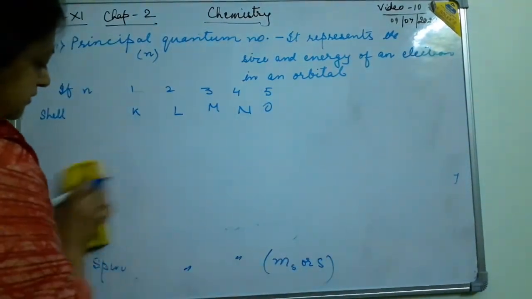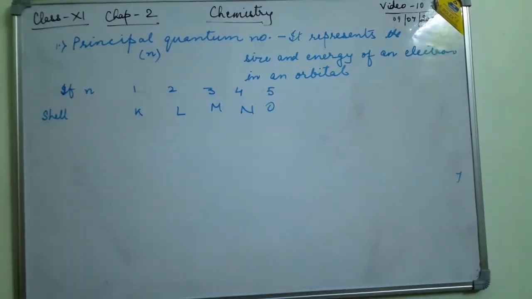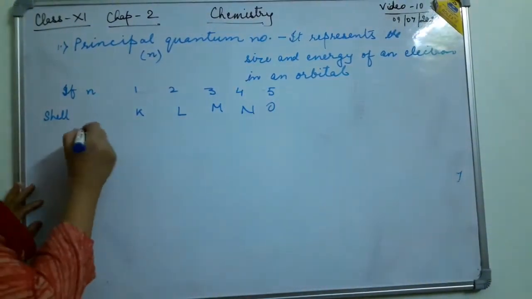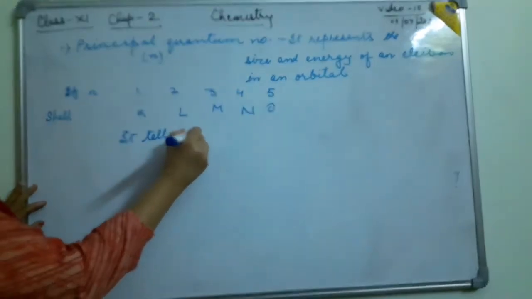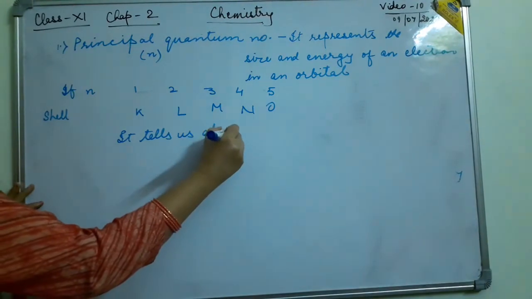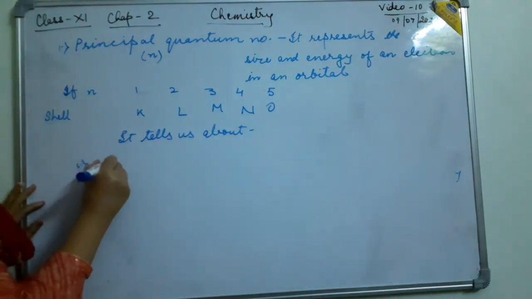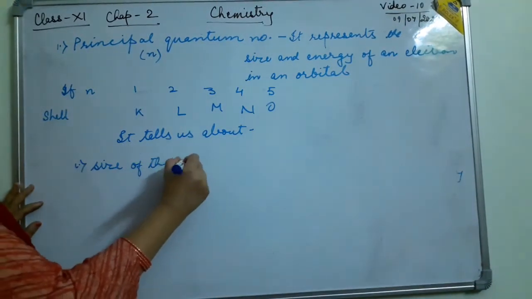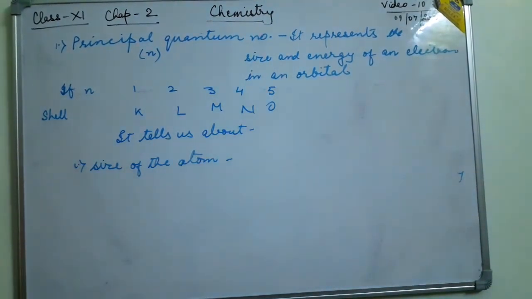There are various things we can represent by this principal quantum number. Number 1 is the size of the atom.